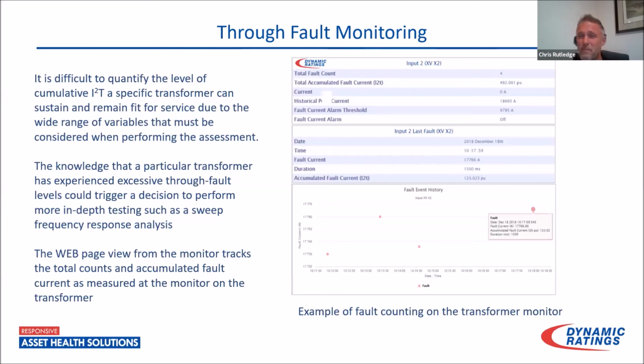Again, that's really the best way to indicate this in its earliest stages, and you can actually find some where it's like, yes, we have had some large mechanical changes here. Our next through fault, we're probably going to take this one out, and we can start preparing for that.